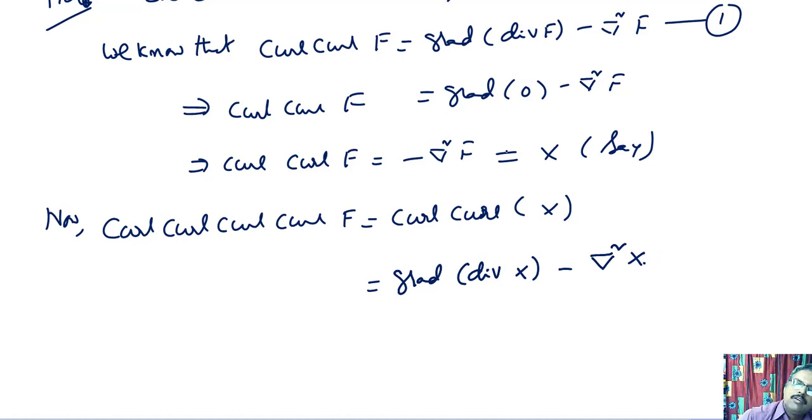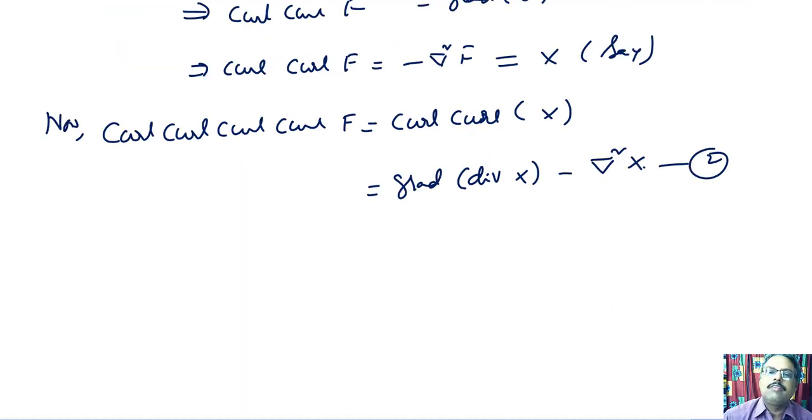Okay. Now we will find the gradient of divergence of X. Okay, then how to find it?